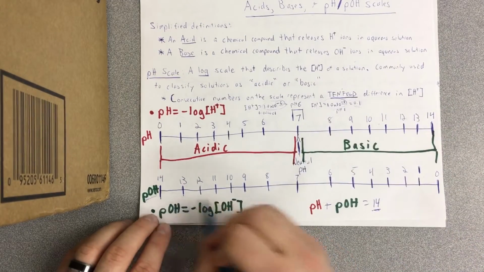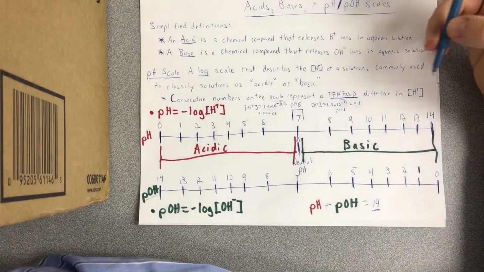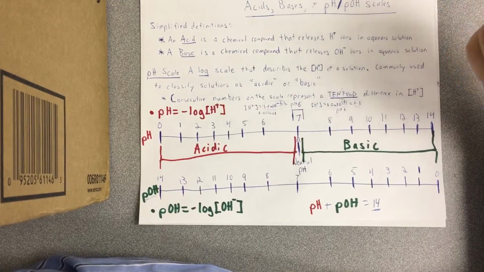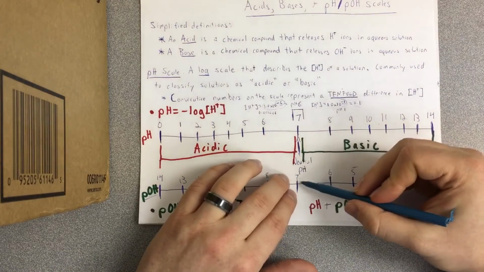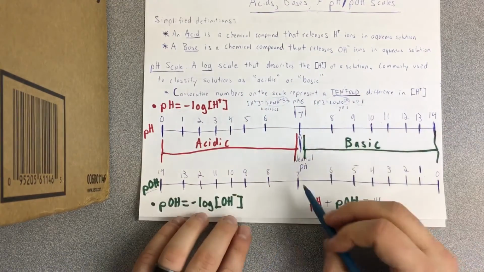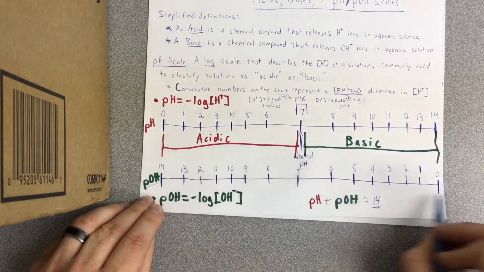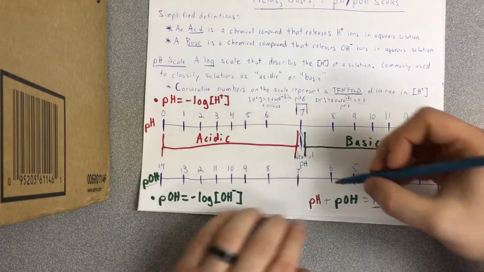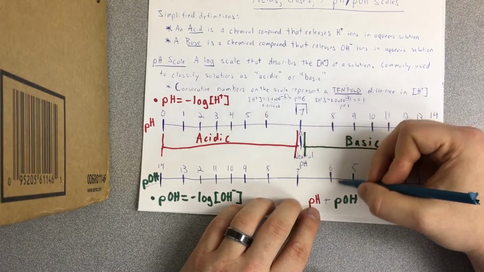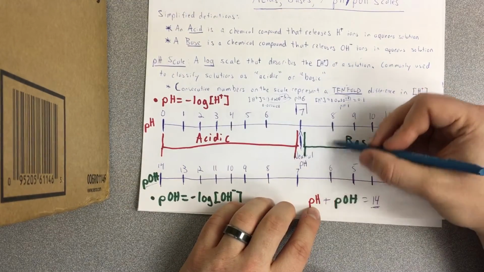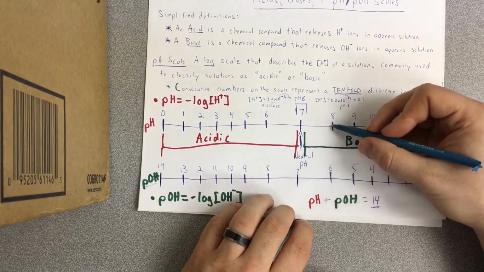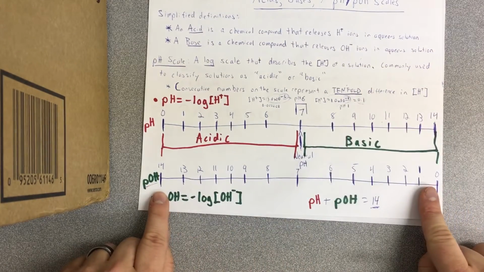So this is a scale that corresponds to the strength of a base. And what I've shown you on this scale is that a pOH scale can run right along a pH scale, and the values of pOH correspond directly to values of pH, but the scale runs in reverse.